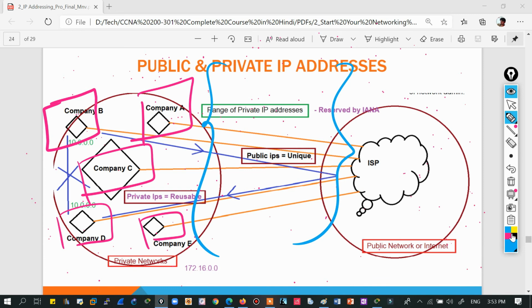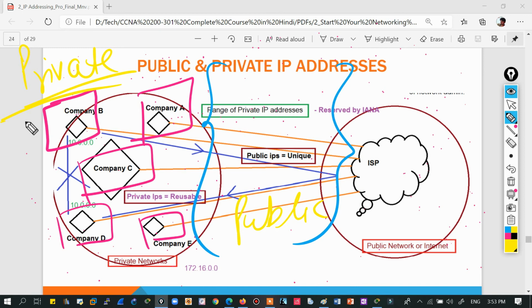It means they said here we will use public IP and here we will use private IP. Private IP will be used in organizations like Microsoft, Google or IBM, which have hundreds and thousands, lakhs, millions of users.